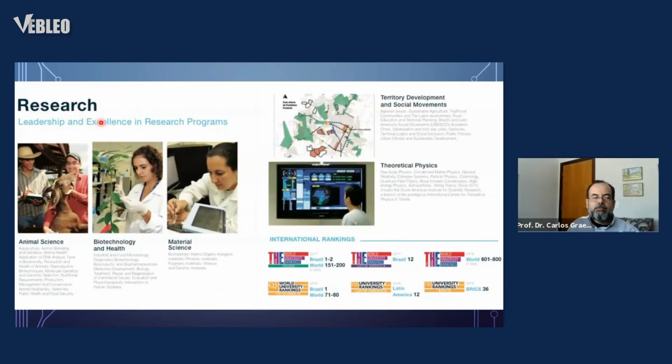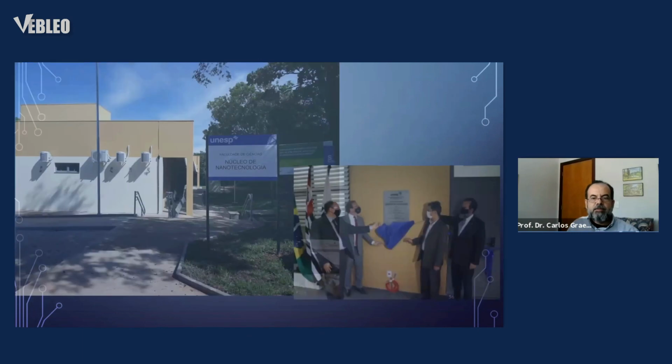And we are a very strong research university with some strengths in animal science, biotechnology, especially what I'm telling you about, material science. And we have very nice opportunities for the students to work here, and also on theoretical physics, if someone is interested.